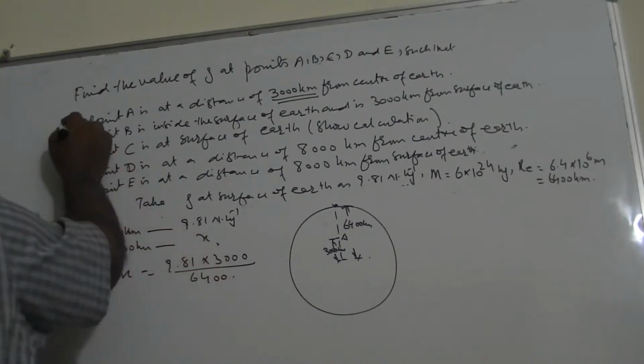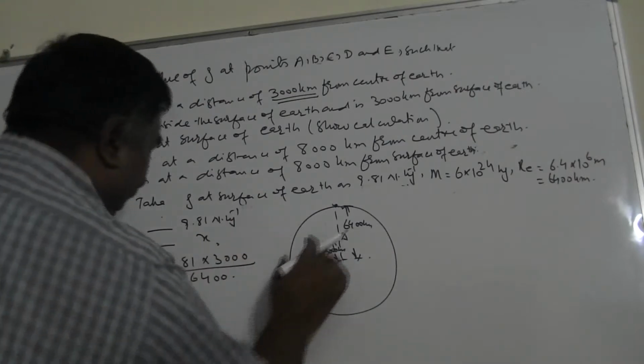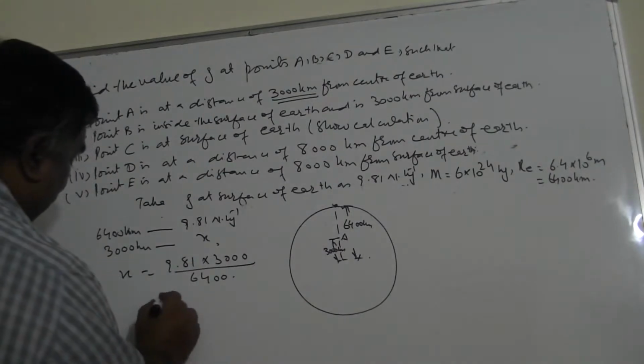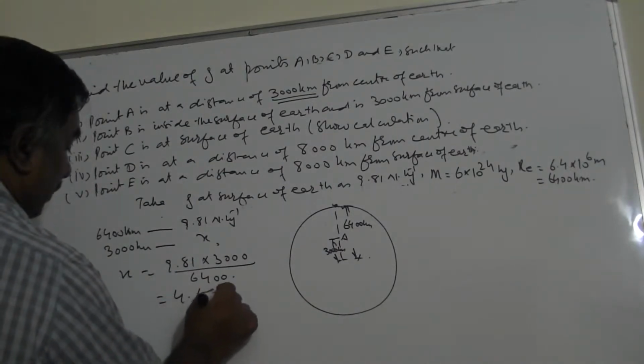Because this is inside Earth, I use the ratio method. The distance is from the center, so it comes out to be 4.598, or I'll say 4.6 newtons per kg.